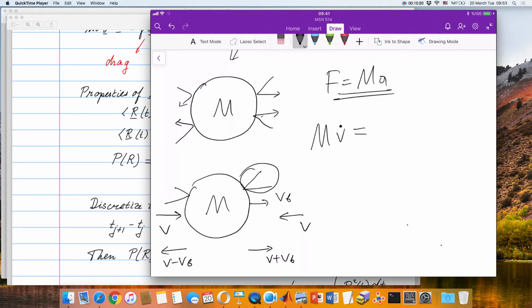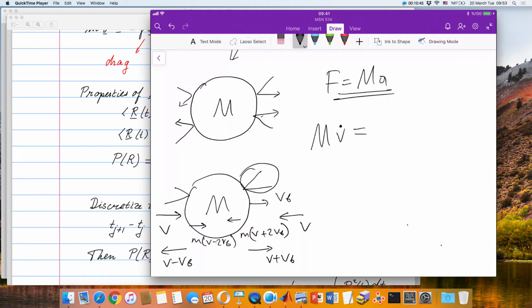Do you agree? And the kick that this one gives to it will have to do with mv plus 2vb, as we discussed earlier with the wall. You remember? Did you follow this part? Yes? And this part will have to do with mv minus 2vb.